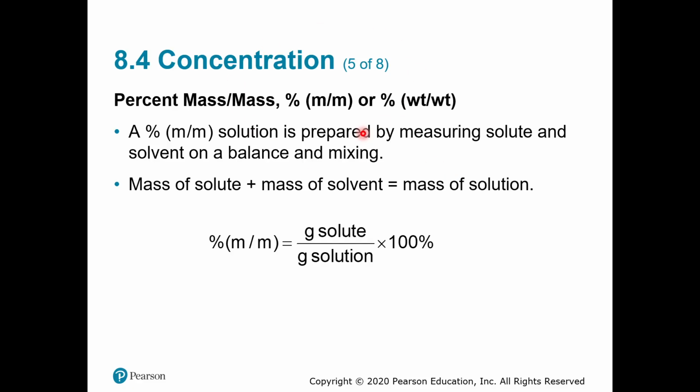This is going to be percent, and you'll have some sort of M over M, WT over WT, or W over W sometimes. What it is, you've taken the mass, grams of solute, divided by the mass of the solution, times 100%. It's typically the easiest one to do in labs because we have mass measurements that are very easy to do.